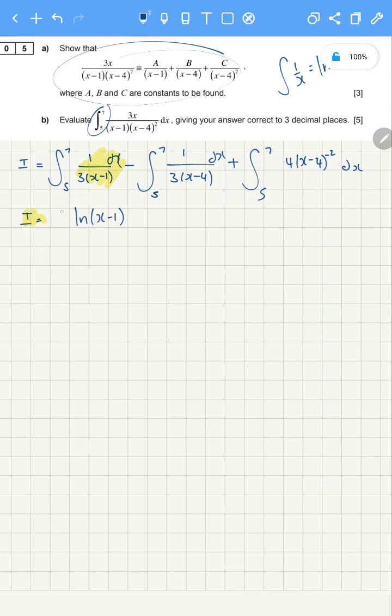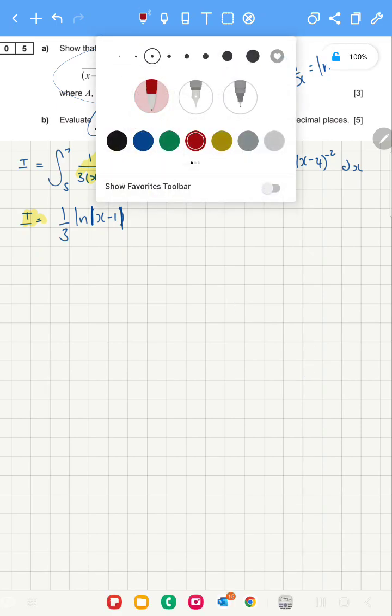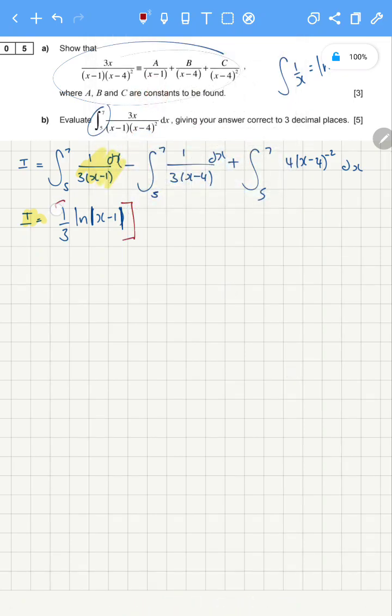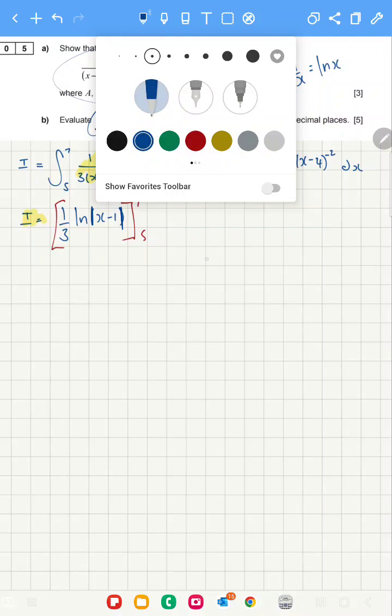But we need to have that third there. So 1/3 log |x minus 1|. You should really put straight lines as well. And that is the answer to that one, but we need to put that between 7 and 5.